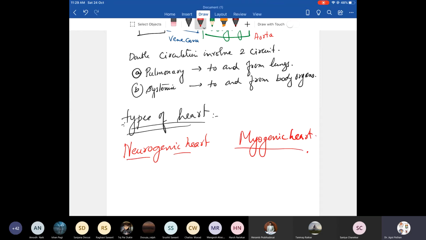See, what is neurogenic and what is myogenic? Let me tell you. Let us write down first, okay?